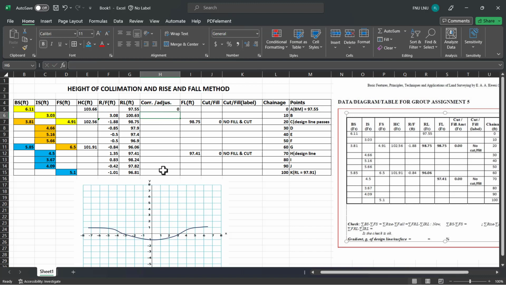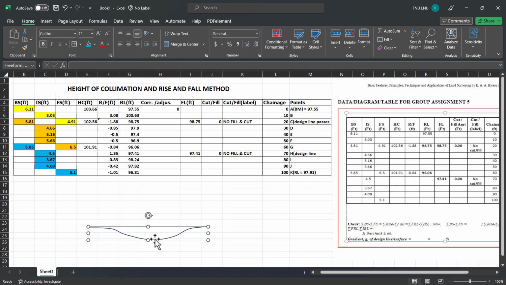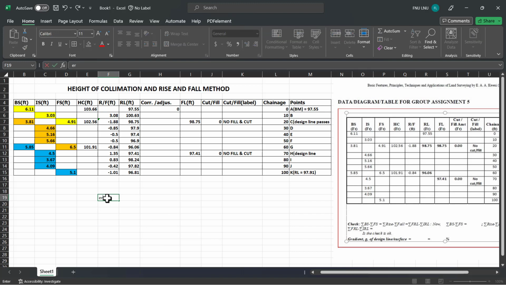Now you have to find the error difference. So the error difference will be the observed minus the computed. So the error here will be equal to the observed one, which is the one we got on the field, that is 96.81, minus the computed, the one that has already been computed, that is 97.91.